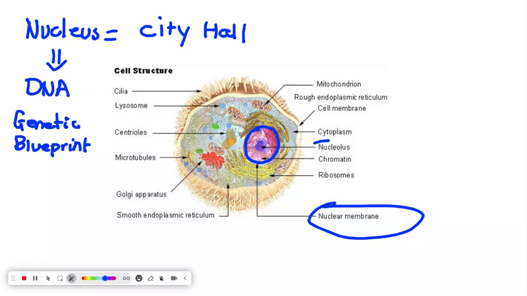So DNA is instructions to make proteins, and proteins are especially vital because they will make all the functions, all the things we need to function. So think of the nucleus as the control center also. We can say City Hall or the control center. Because in the nucleus, cells need to communicate with other cells, and they do. And if the cell is attacked, the nucleus knows what to do. Well, hopefully it knows what to do.